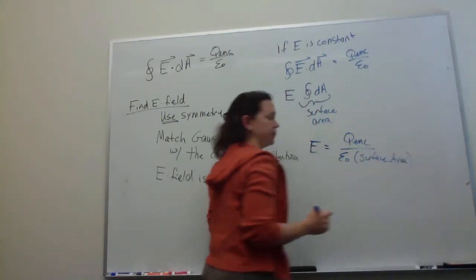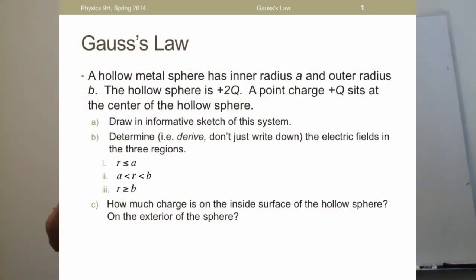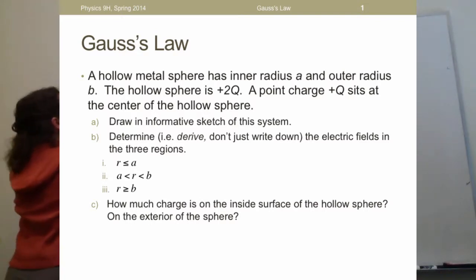Going to the exam problem, what we have is a hollow metal sphere that has inner radius little a and outer radius little b. So we draw this up here.